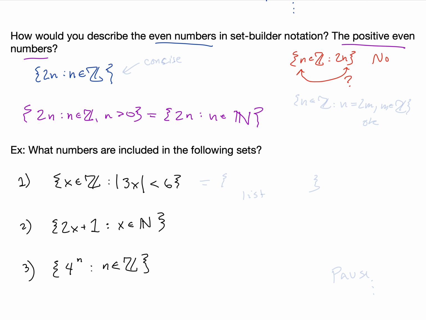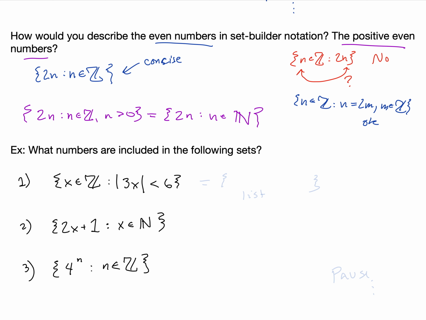We're not saying anything about what 2n is or what 2n does. We could instead write n in the integers such that n is equal to 2m, m in the integers, and we'd have to specify what kind of thing m is. That would be correct, but notice that the earlier form is much more concise, and it's the typical way we would write the even integers using set builder notation.